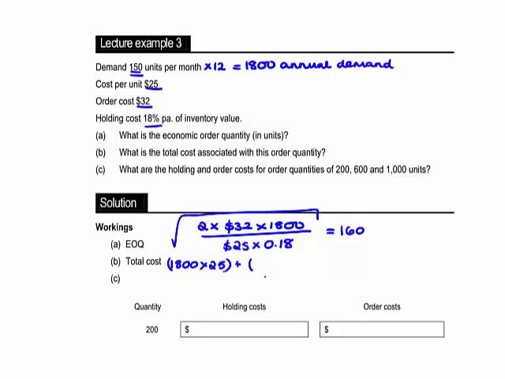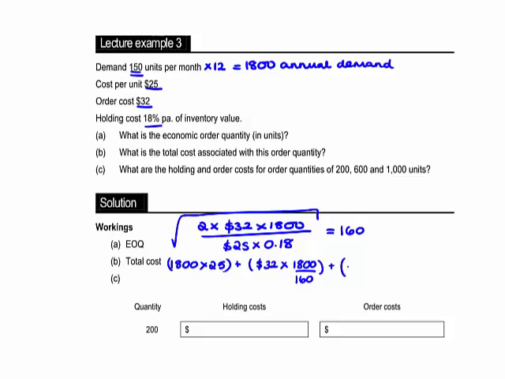We've also got then our ordering costs, and our ordering costs are $32 per order, and during the course of the year, if we want 1,800 units and we order 160 at a time, we're going to make 11 1/4 orders.